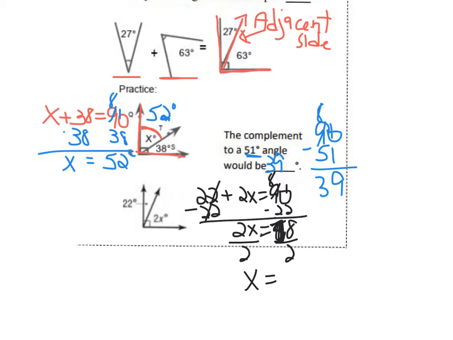It's 68. You're getting me confused, Matthew. Okay, so 68 divided by 2 is 34. So that means that x is equal to 34, but I still want to find out what this measurement will be. So 2 times 34 will equal 68, Matthew.